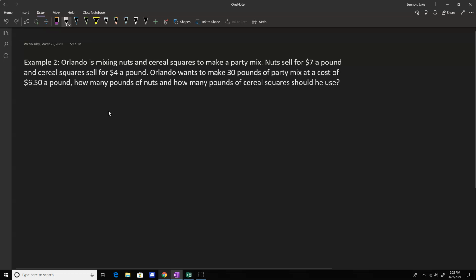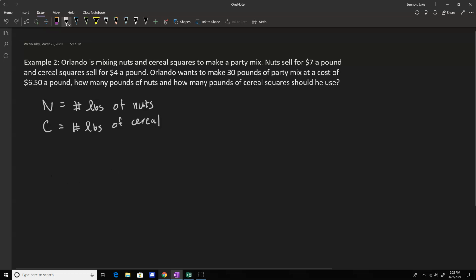This one might be a good one for a chart. Again, let's use N for the number of pounds of nuts. And then we can use C for the number of pounds of the cereal.